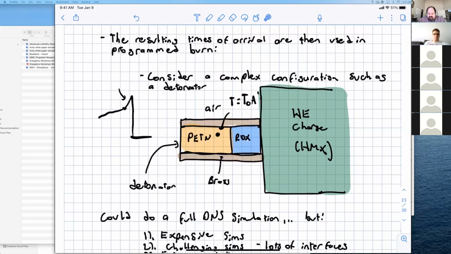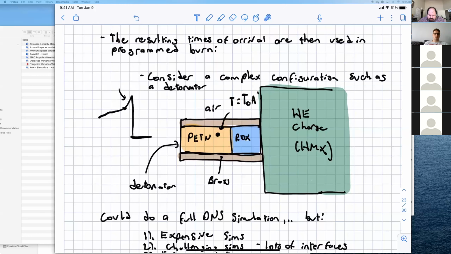All you need to do is run the calculation, and then say, if at this point here the time of arrival is 0.1 microseconds, at 0.1 microseconds you flip that point from unburned to burned. There are a lot of practical considerations with this, but that's the idea of a program burn. They are very cheap, and for a lot of scenarios, they work well enough.